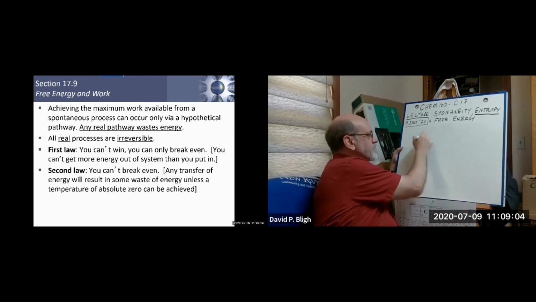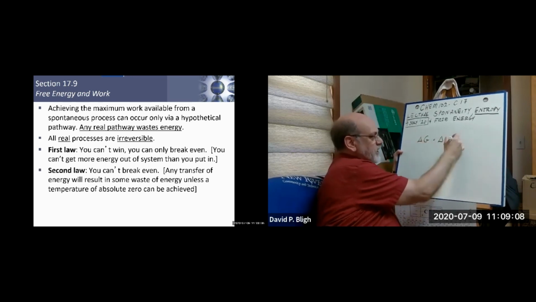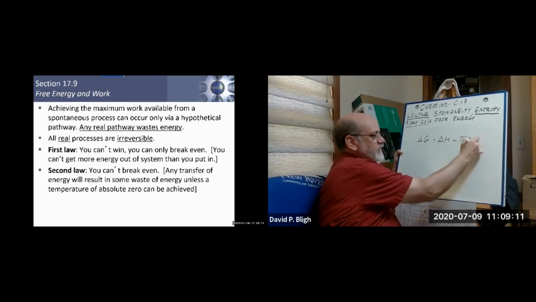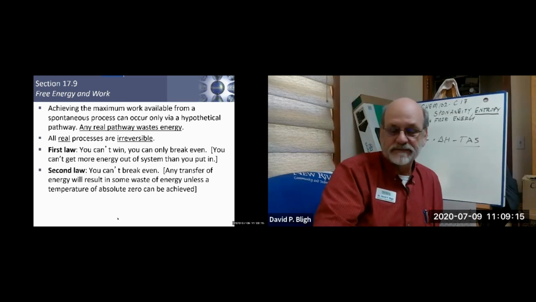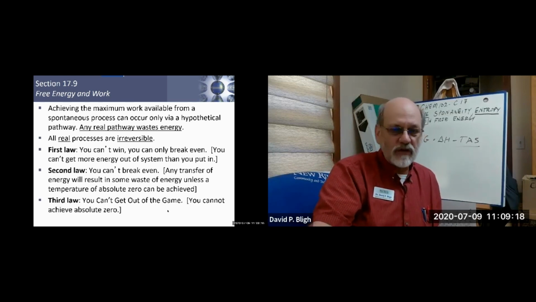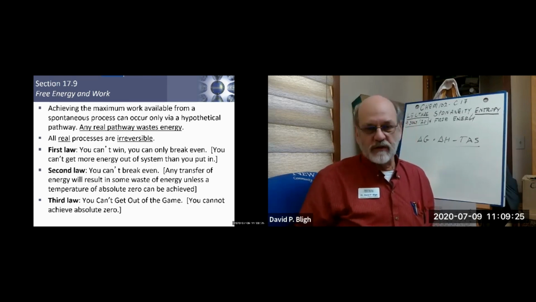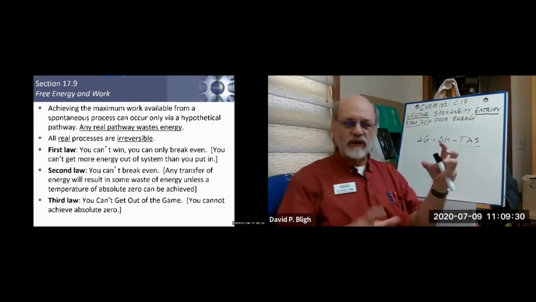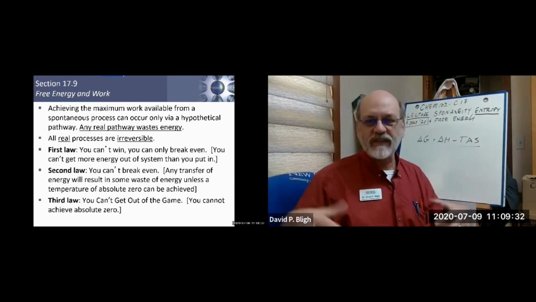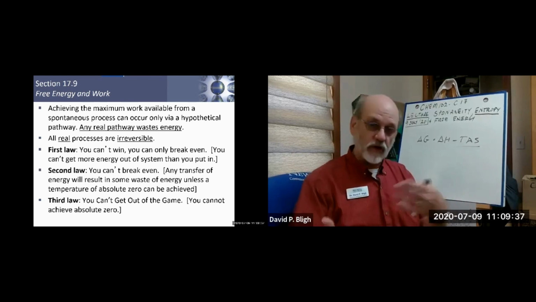Because if this is the maximum amount that you can get from a process, you're always going to lose some of it. So what does the third law say? There's no way out, because you can never get to absolute zero. If we had absolute zero as a coupling point with any reaction, we could extract the maximum amount from it in terms of transfer of energy.